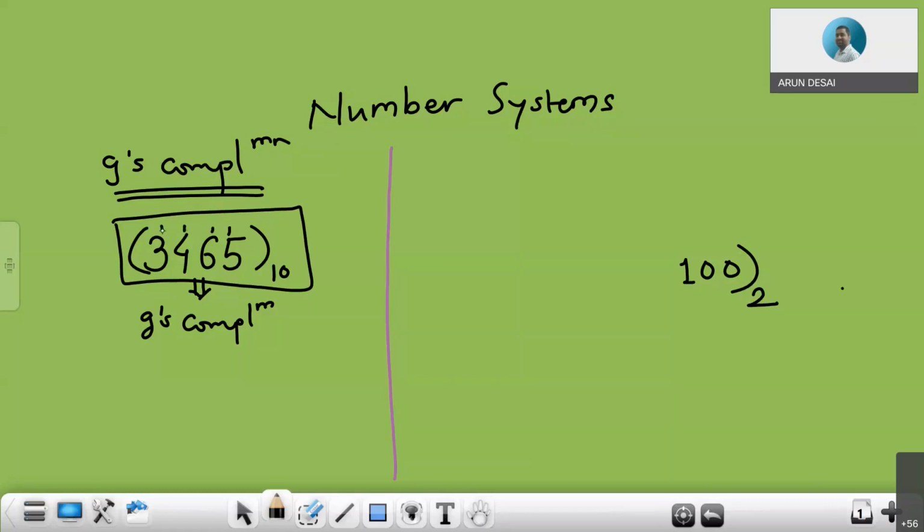How many digits are present in that number? Total 4. So you need to keep 4 nines, and then subtract this from them. What is the answer?